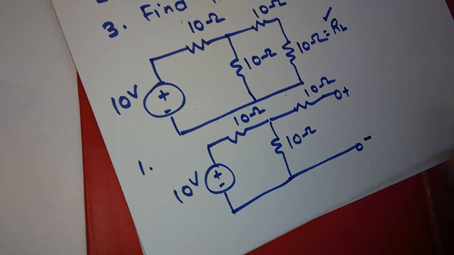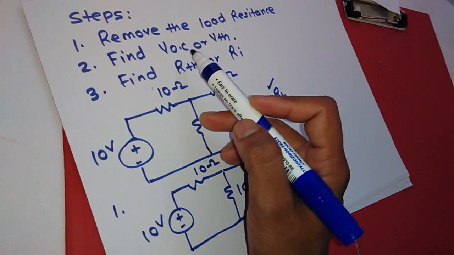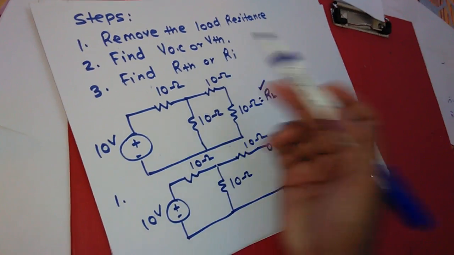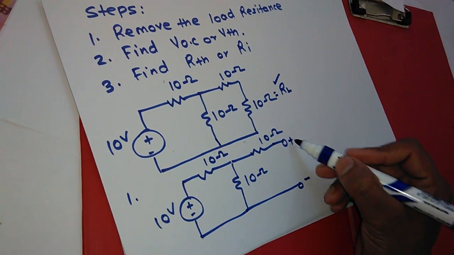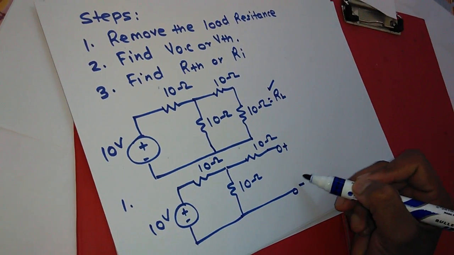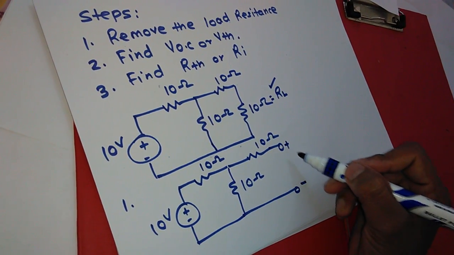Now the second step: we have to find the open circuit voltage or Thevenin voltage. The open circuit voltage is at the terminals where the load is removed, and we can consider it as an imaginary battery.